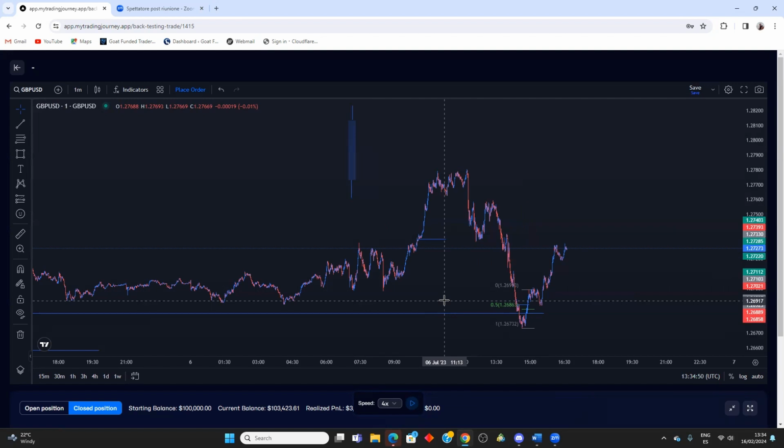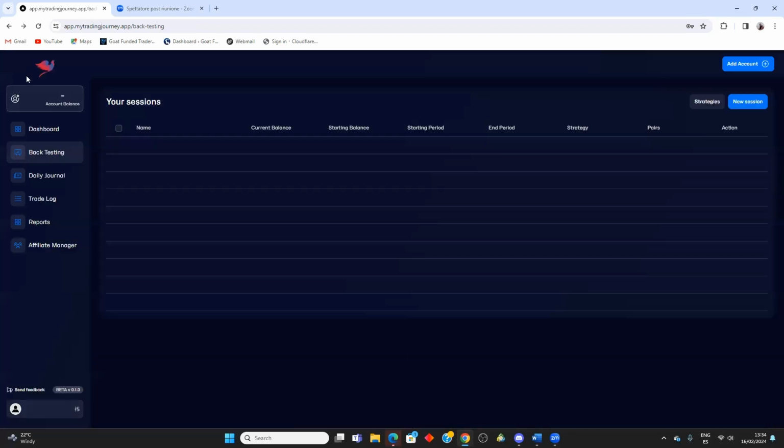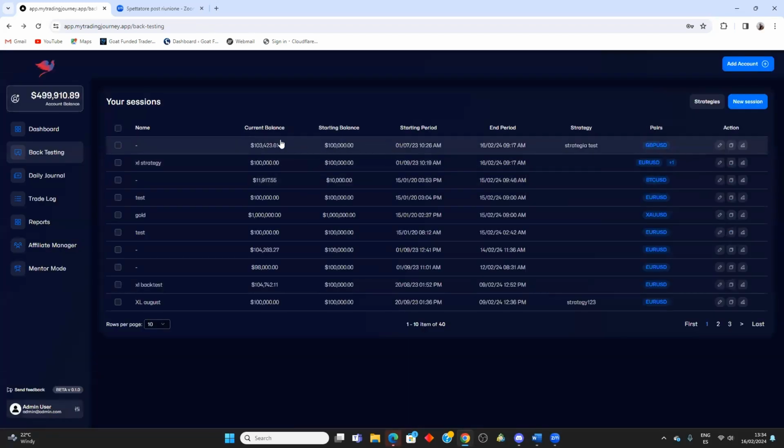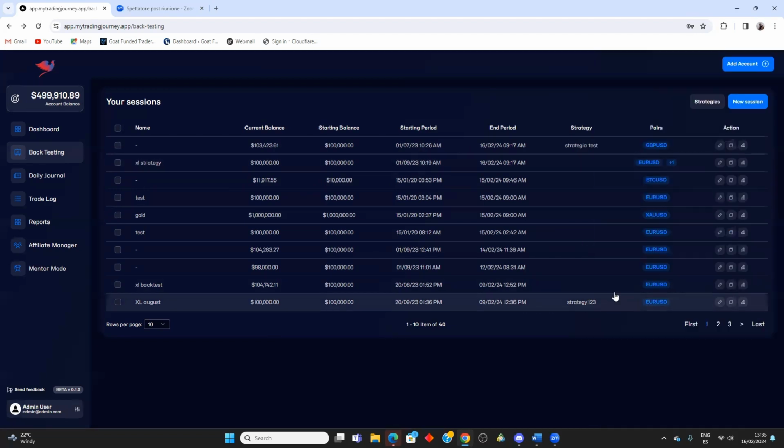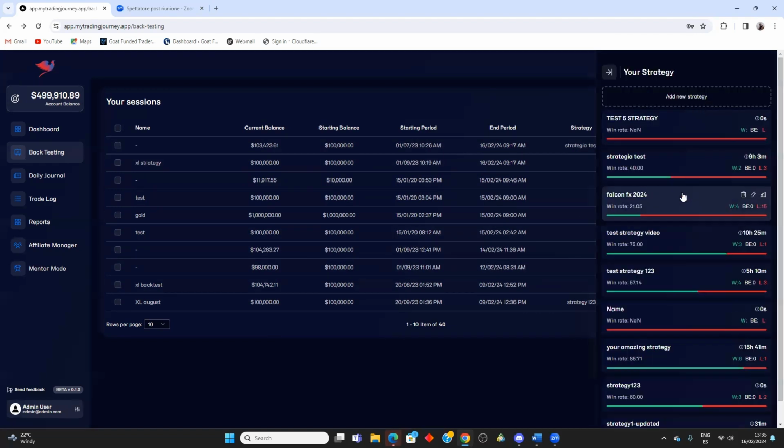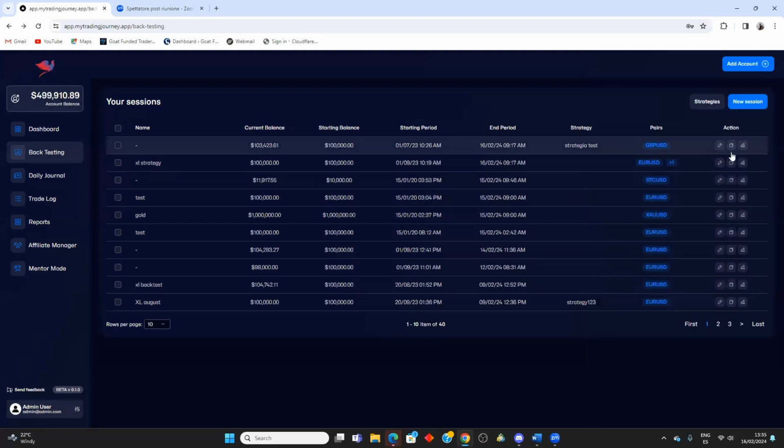So I will keep going with this backtest session during next videos, but before stopping, I want to show you the statistics, which are a very cool part. So just by going back here, it is the current session that we were testing. First, we're going to look at the statistics of the strategy, which might have been used also during other sessions. So strategy test here. No, actually, it was just used during this session.